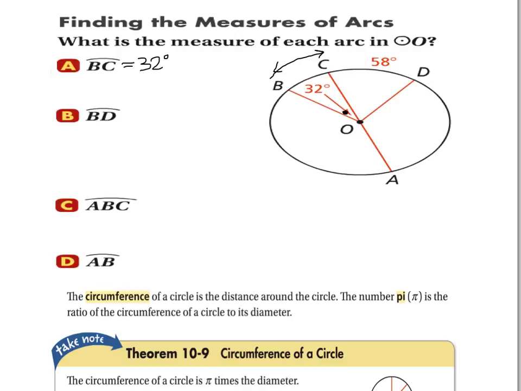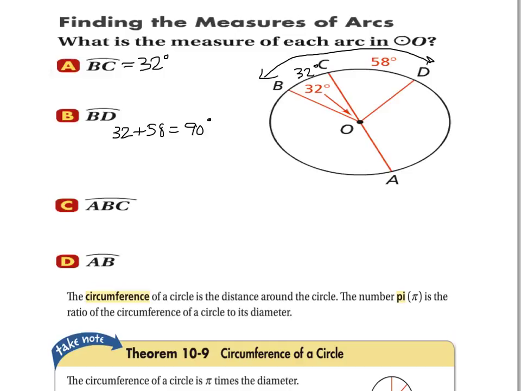All right, so arc BD now. Arc BD goes from B to C to D. In other words, it's made up of 2 arcs. It's made up of a 32-degree arc and a 58-degree arc. So if I take 32 and add that to 58, BD is a 90-degree arc.